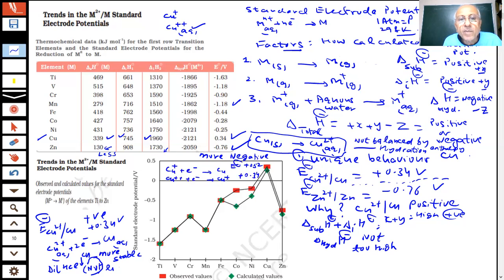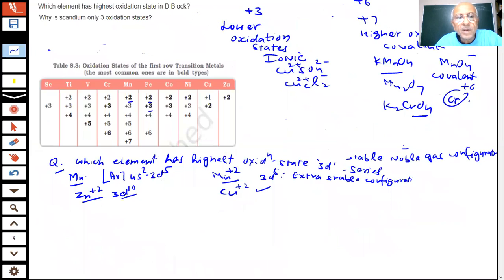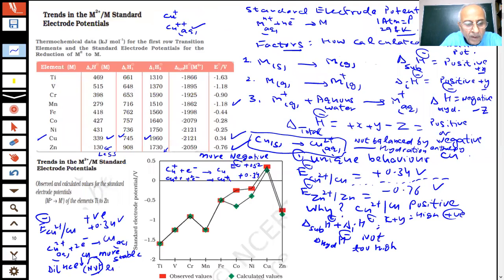This is two electrons. What I'm saying, copper 2 to copper is plus 0.34.